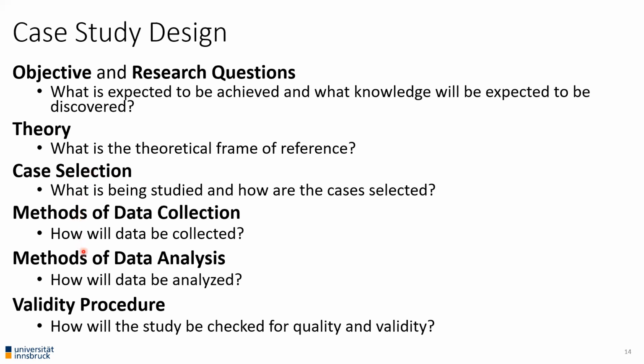Methods of data collection, methods of data analysis, and validity we will discuss in the respective phases. But for sure this is already part of the design, because you should in principle be clear which data you want to collect, how you want to collect it, and how you want to analyze it.